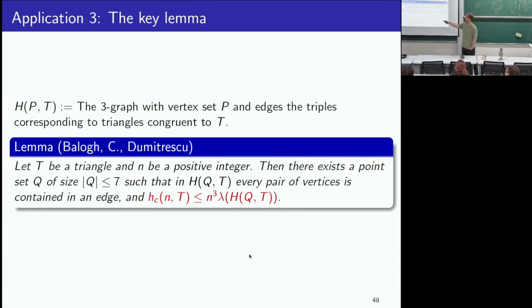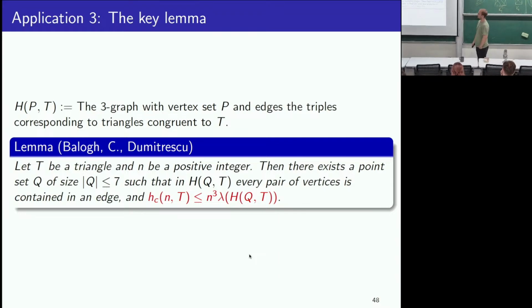And additionally, we get the relationship between almost congruent triangles to the given one and the Lagrangian of that guy. So the answer would be the Lagrangian of this exact 3-graph multiplied by n cubed.